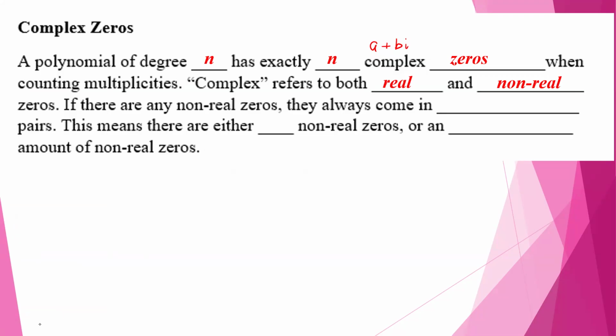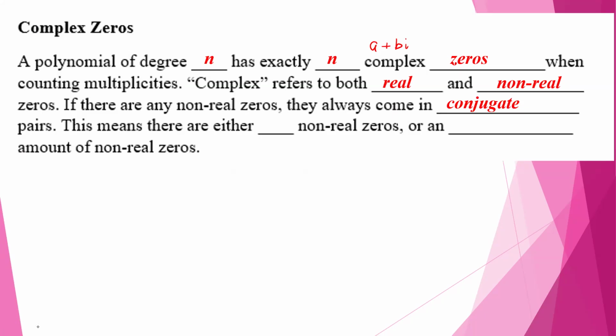Now, if we have a non-real or imaginary one, remember when you're solving, if you got imaginary, there was always plus or minus, right? So you cannot have just one imaginary number. They have to come in pairs, okay? So if I have 2i, I know that negative 2i is an answer. They come in pairs, okay? So if they're non-real zeros, they always come in conjugate pairs.